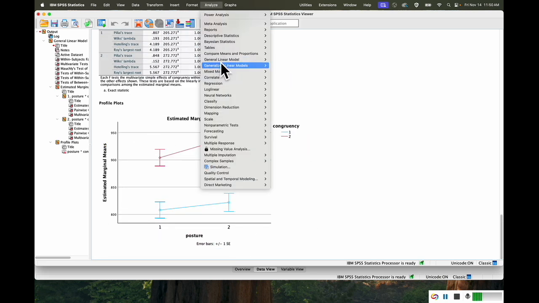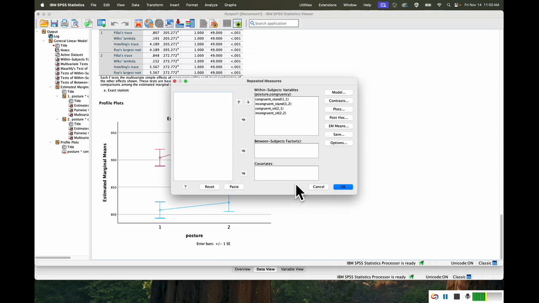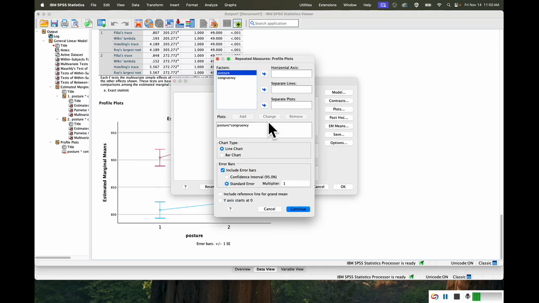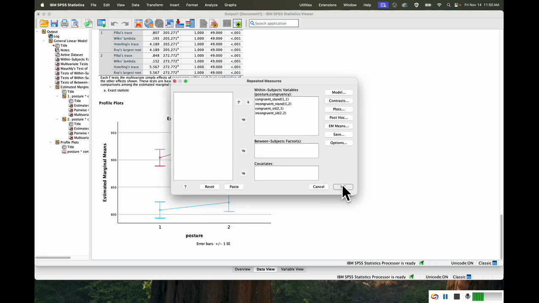Another way to look at that is you can run that test again, and with your plots, you can say, you know what, I want to look at these the opposite way. So I want to look at how congruency looks different. Click add, continue, okay.